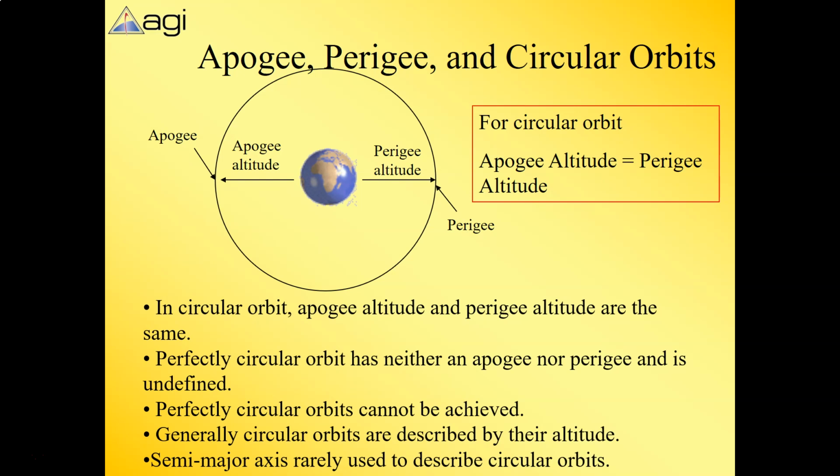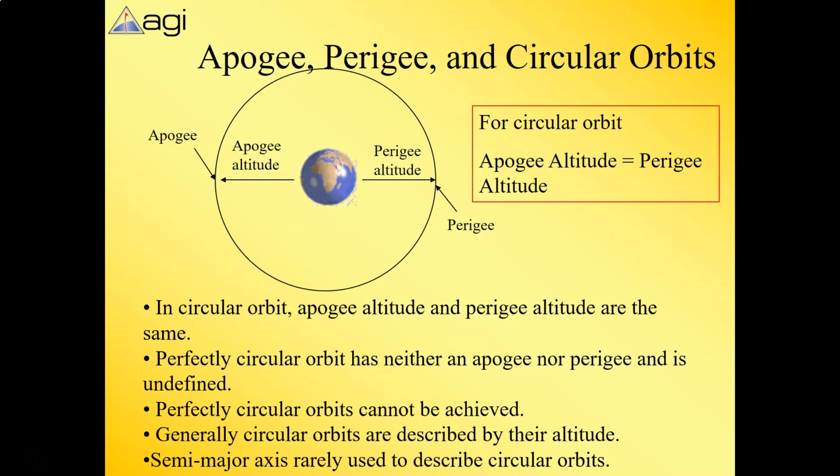Speaking of which, for a circular orbit, the apogee altitude and perigee altitude are the same. They're equal to each other. A perfectly circular orbit has neither an apogee nor a perigee. It is undefined. Perfectly circular orbits can't really be achieved.